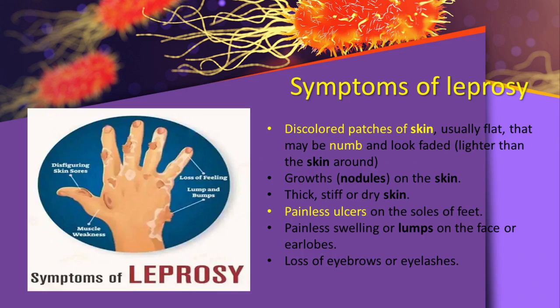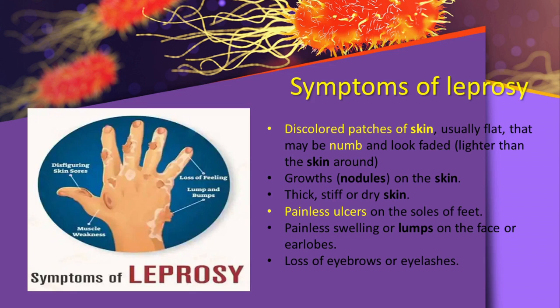Usually, the persons who are infected with Mycobacterium leprae will develop discolored patches of skin, and these patches will look faded when compared to the surrounding skin. And in these patches, the person will not have any sensation, so he will be experiencing numbness.